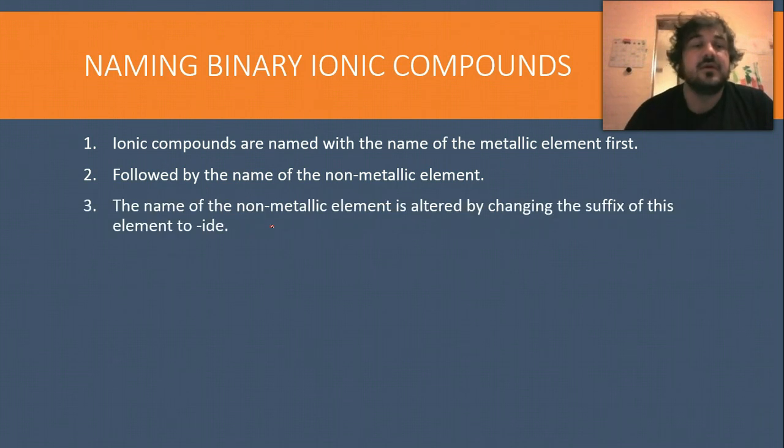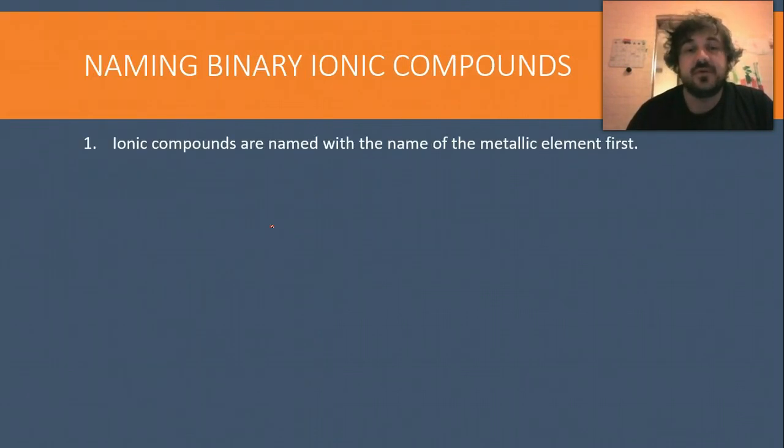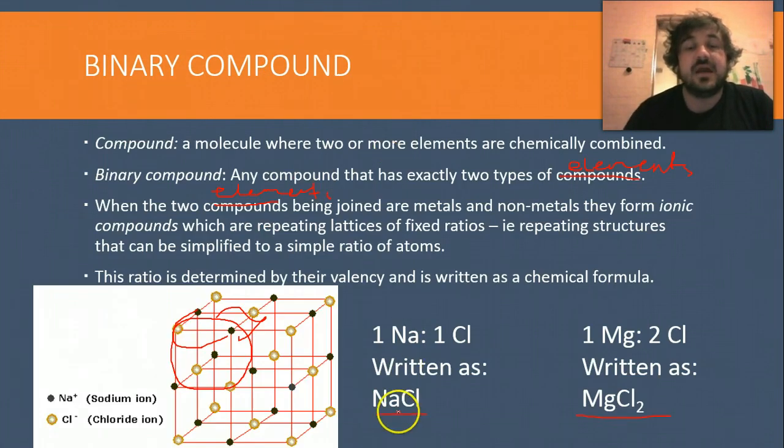The name of the non-metallic element is altered by changing the suffix of the element to "-ide". So NaCl is sodium chloride. MgCl2, magnesium chloride.